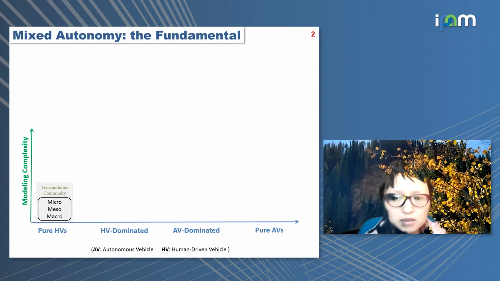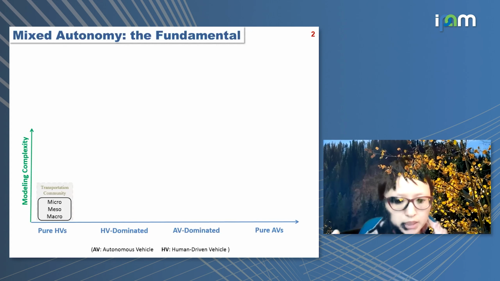In the past few decades, the transportation community has developed a large number of models to understand how human drivers drive, or how HV move on the road. It can be divided at 3 scales: microscopic, macro, and meso.